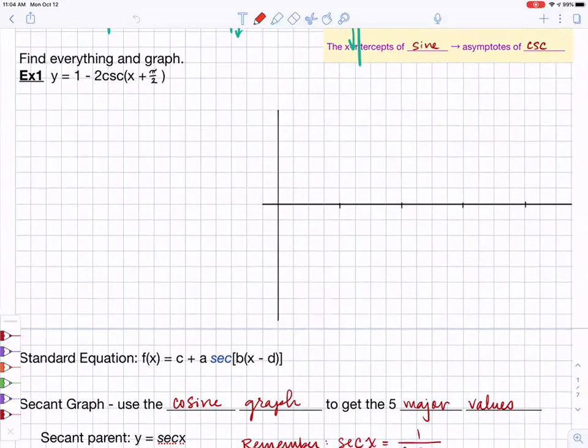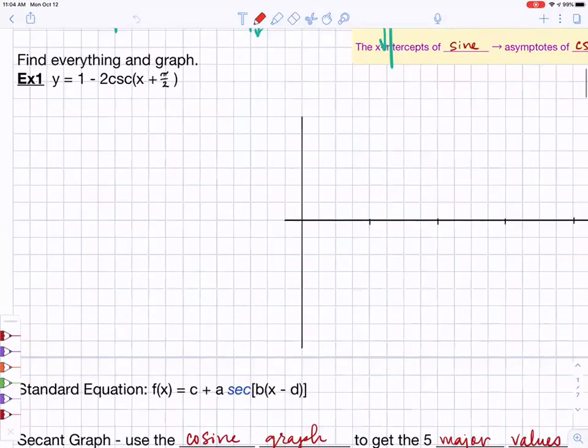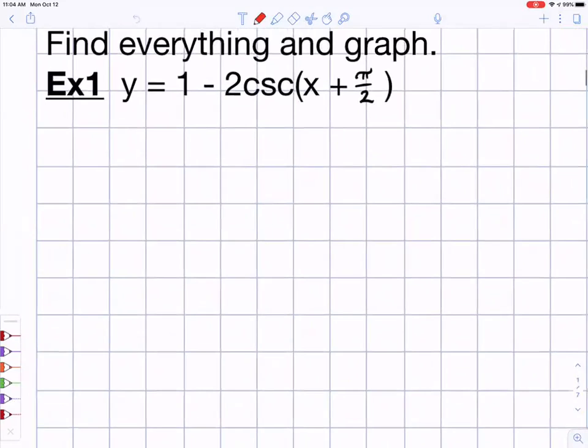So let's find everything in graph. Now, as you see example 1, is there a way that you would rethink example 1 or maybe rewrite example 1? Thoughts? Yeah, put the 1 in the back, either on paper or in your mind, it doesn't matter, but you need to think about the fact that 1 is not your A value. 1 is not your A value, okay?